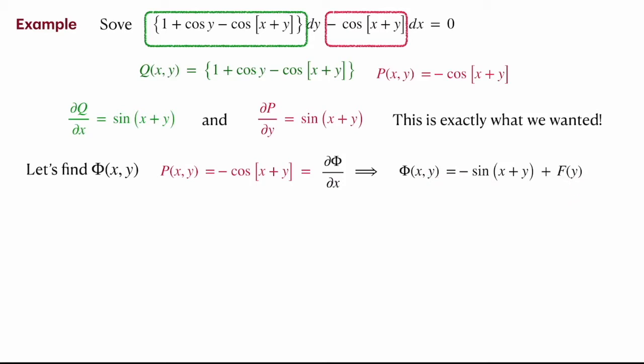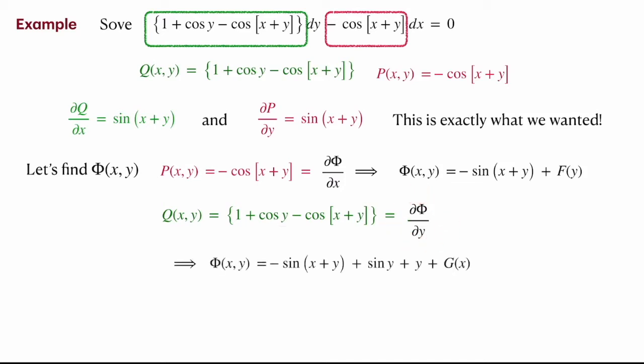We need to find f of y using the second condition, that is q of x, y is equal to d phi by dy, and this equation which we have is 1 plus cos y minus cos(x plus y), and that is equal to d phi by dy.